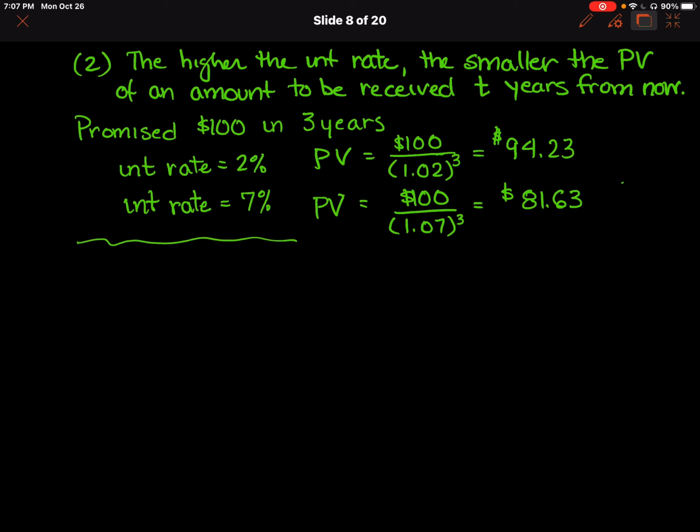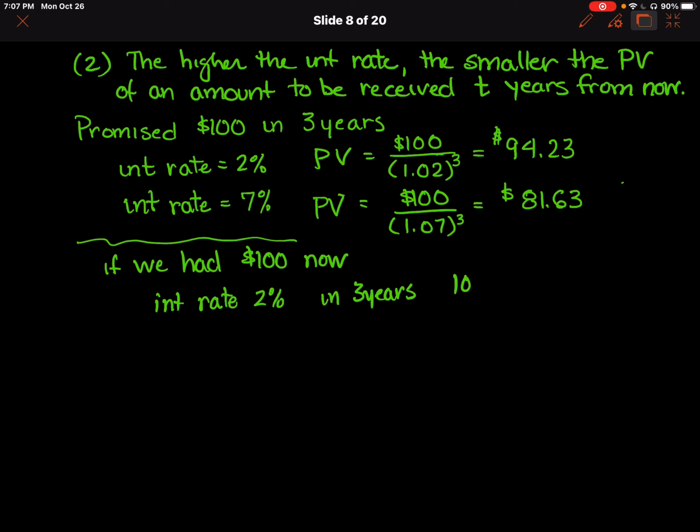present value calculation on its head, we could say if we had $100 now and the interest rate is 2%, then in 3 years we'd have $100 times 1.02 raised to the third power, and that's going to be $106.12.